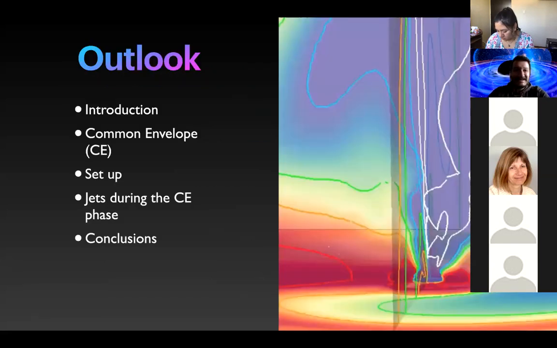So let me go to the Outlook. I'll talk a little bit about binaries for the introduction. Then I'll discuss common envelope, and then our numerical setup for our experiments. After that, I'll discuss jets during common envelope phases, and then I will conclude.